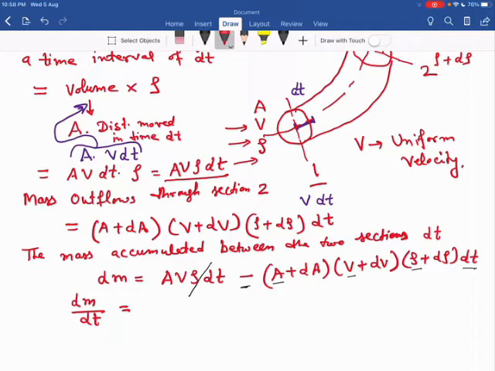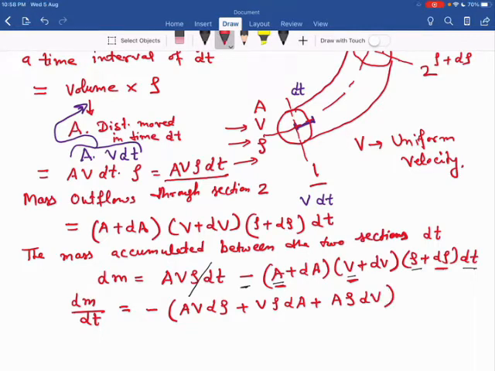The remaining terms are minus the products A V d rho, V rho dA, and A rho dV.